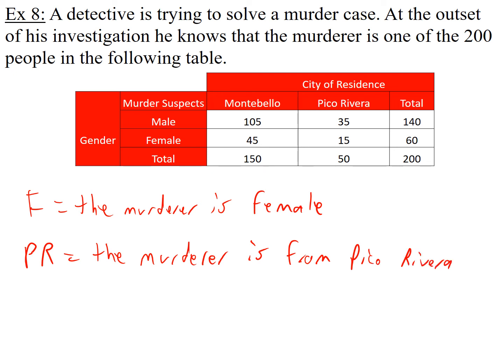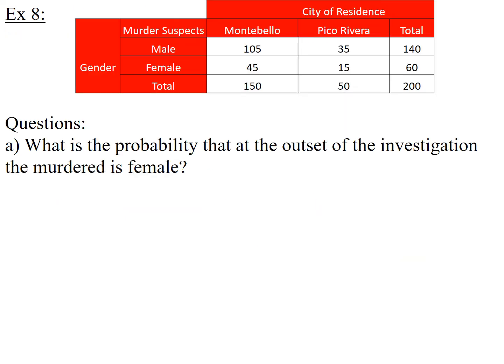Let me make this F a little nicer looking. Okay, that's better. All right, so for the rest of this problem, F is going to stand for the event that the murderer is female, and PR is going to stand for the event that the murderer is from Pico Rivera. Okay, so let's go ahead and answer the questions.